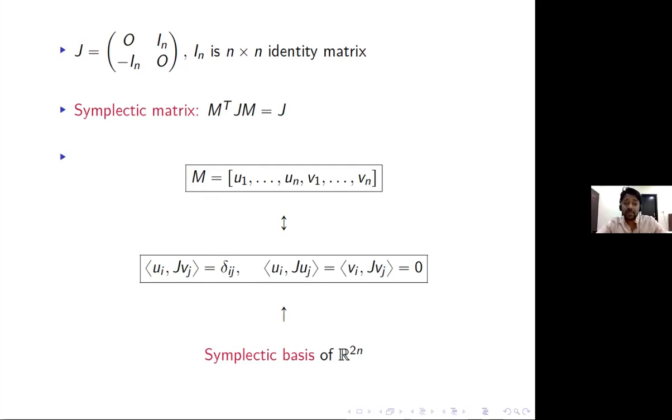Well, symplectic matrices are analogous to the well-known orthogonal matrices from classical linear algebra in the sense that in the definition of symplectic matrices, if we replace this J with the identity matrix, then we get M transpose M equal to identity, which is the definition of orthogonal matrices. And also we know that the columns of orthogonal matrices form an orthonormal basis of the Euclidean space. So in that sense, the symplectic basis is analogous to the orthonormal basis that we know from the classical linear algebra.